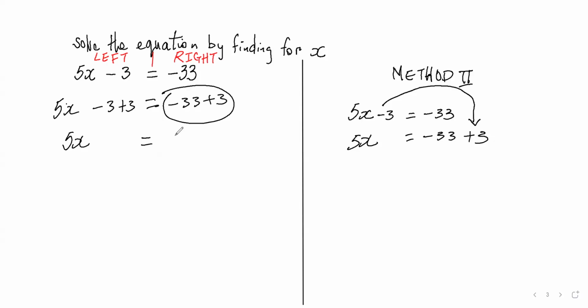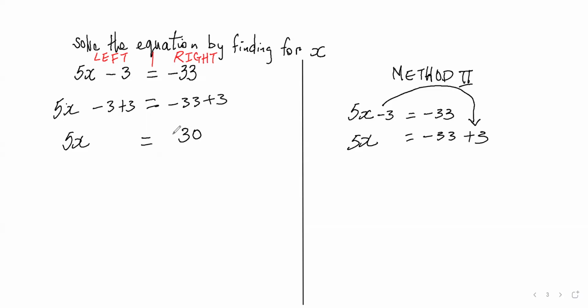Find the difference. Right, difference means to do what? Take away. Very good. So what is 3 from 33? 30. Right. So would it be positive 30 or negative 30?